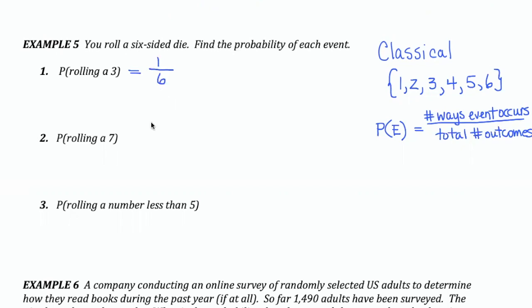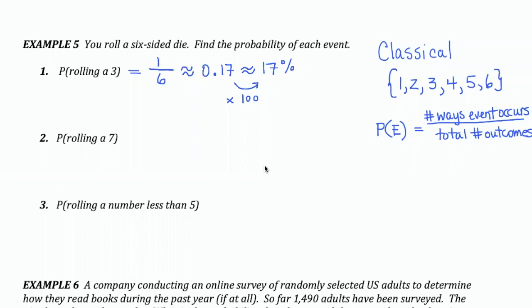So I can express the probability as the fraction 1/6. I can also pick up a calculator and get the decimal equivalent, which is approximately, rounded to 2 places, 0.17. So we have a number between 0 and 1. And I can take that number and multiply it by 100 to get the percentage. So that has about a 17% chance of occurring.